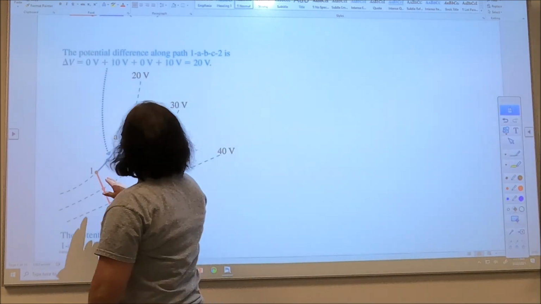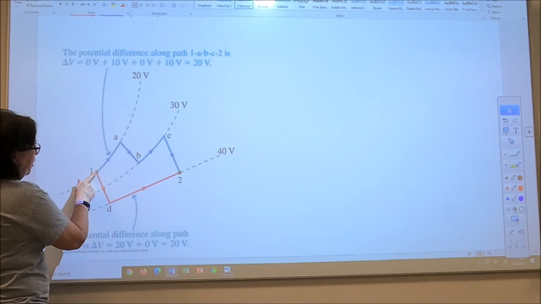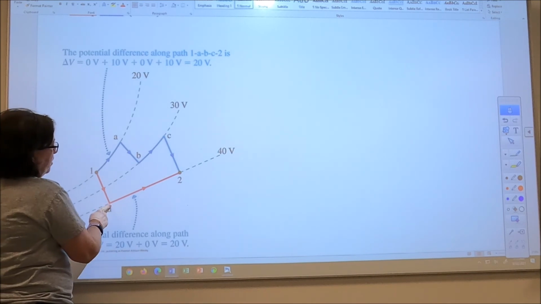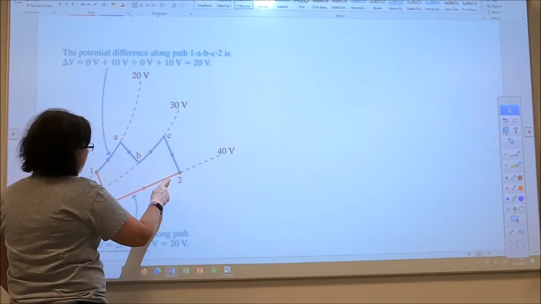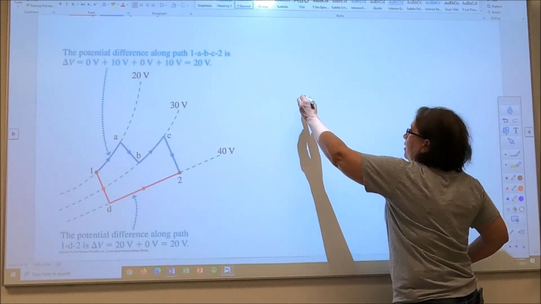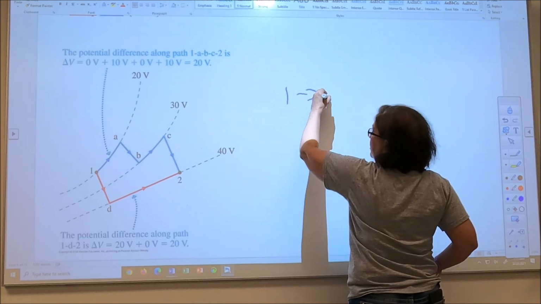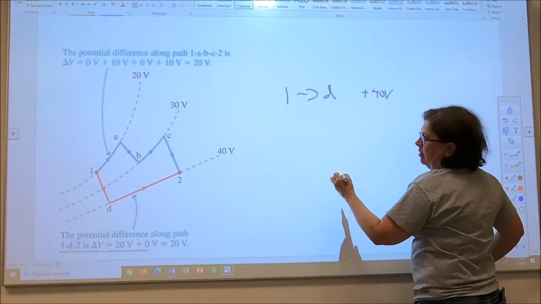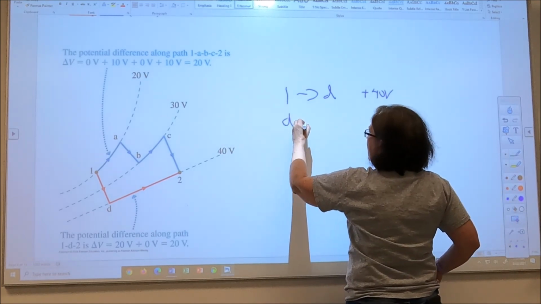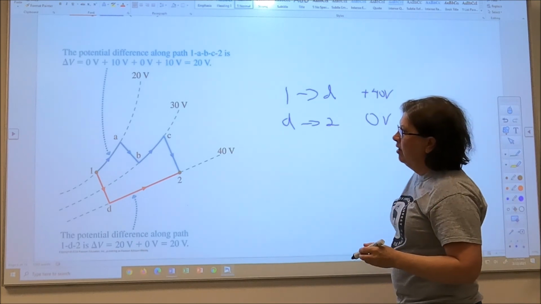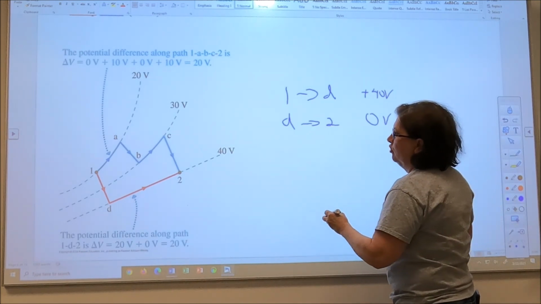So if I looked at going from point 1 here to point D, that would be plus 40 volts. D to point 2 is 0 volts because I'm moving along the same equal potential surface.